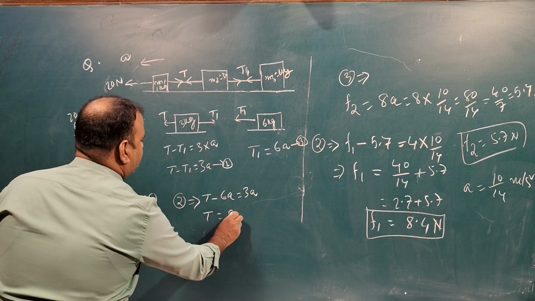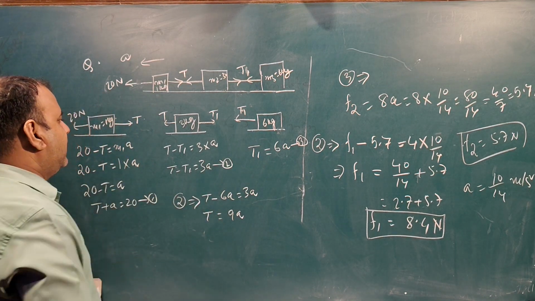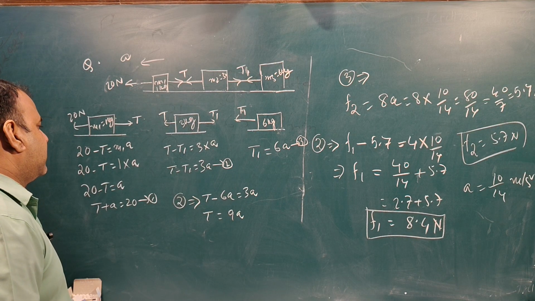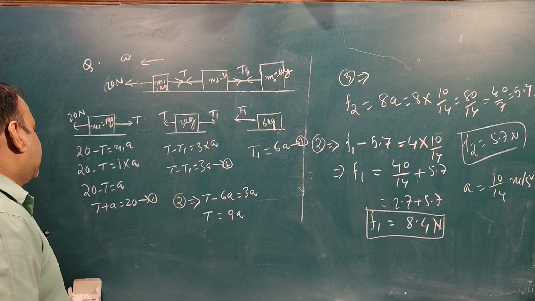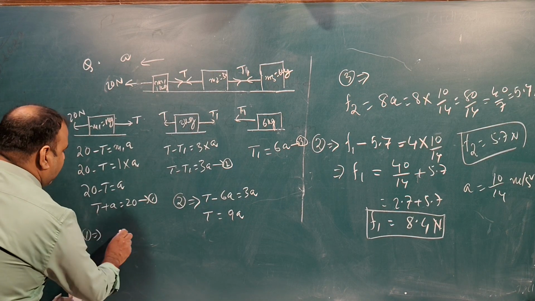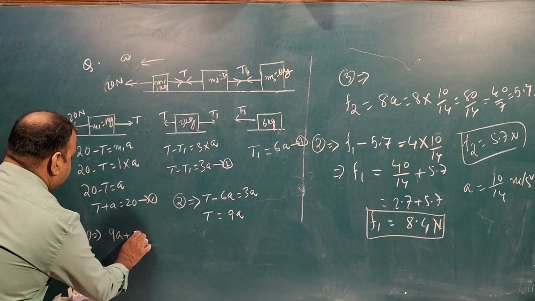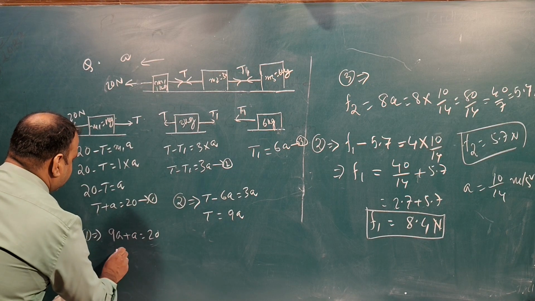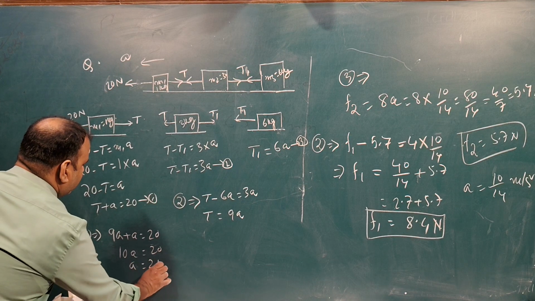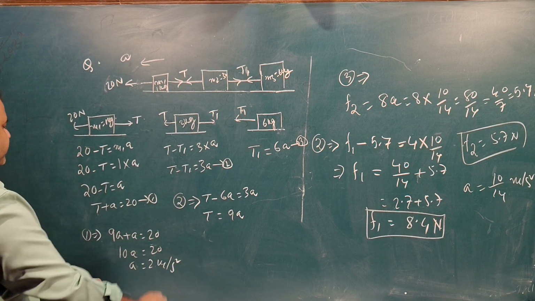So T is equal to 9A. We are getting T is equal to 9A. Put this in equation number 1: 9A plus A is equal to 20, then 10A is equal to 20, A is equal to 2 meter per second square.